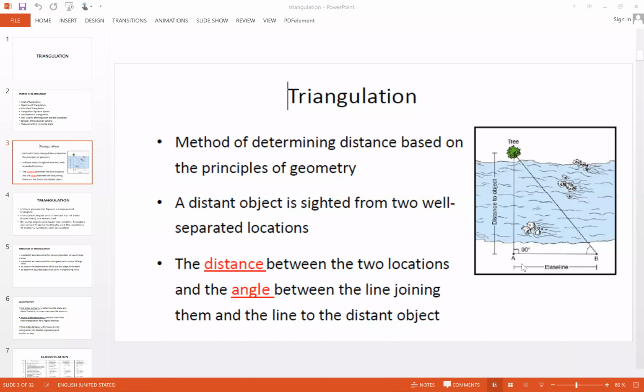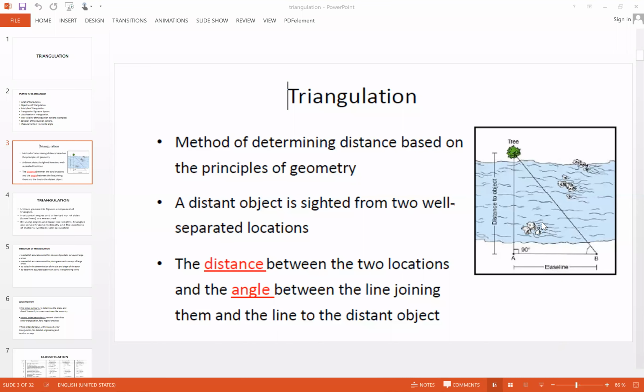Let's say in this case you have selected point A and point B, right? Now you are not able to measure the distance between point A and the tree because there is a river in between and you are not able to measure that.